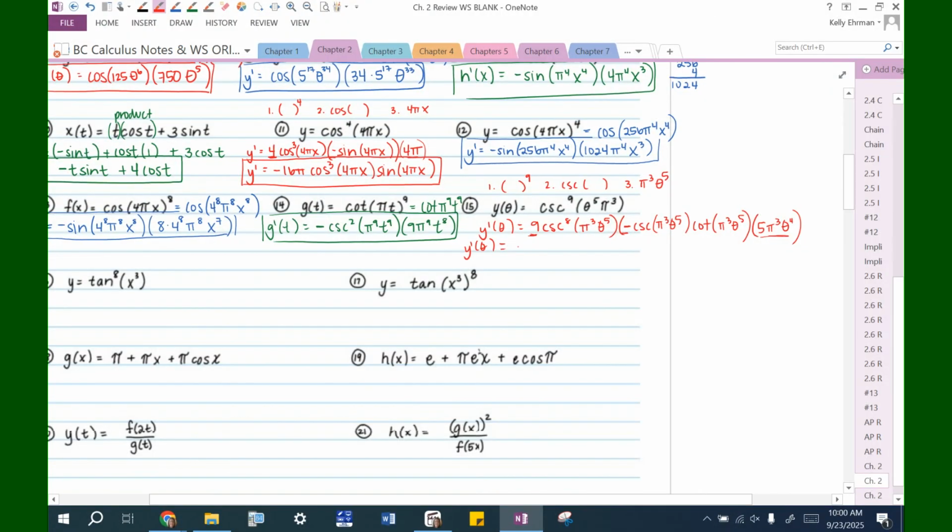So that's negative 45 pi to the third, theta to the fourth. So that's this times this times this. Then we have cosecant to the eighth times cosecant. So that's cosecant to the ninth, pi cubed theta to the fifth. And there's just a little cotangent of pi to the third, theta to the fifth.